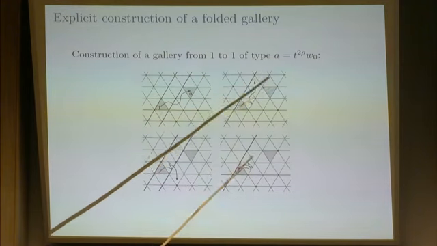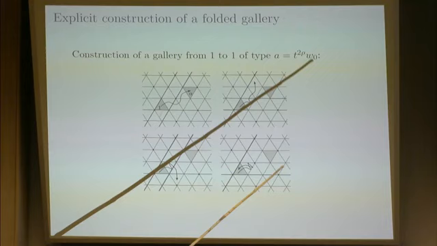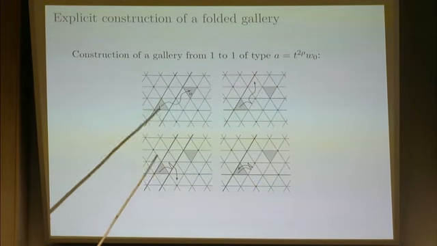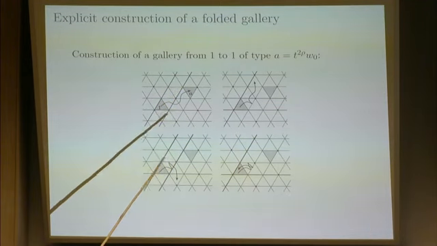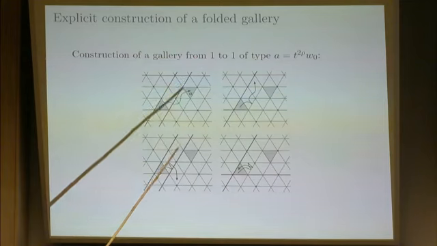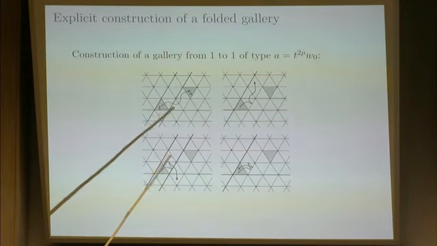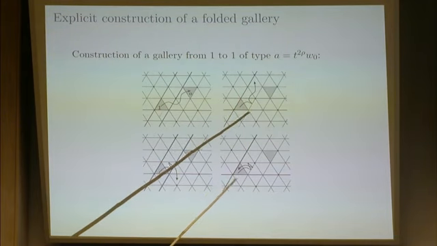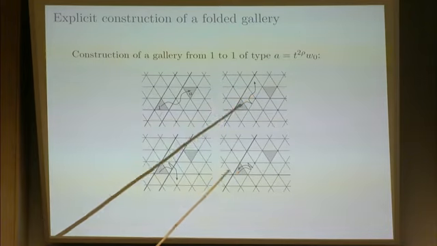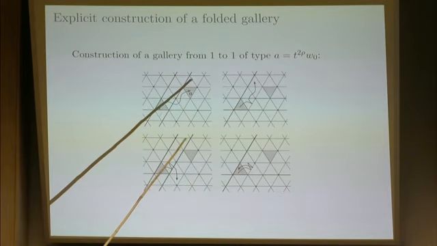And then, depending on a presentation, a fixed presentation of W_0, you can fold this gallery. So we first fold along this blue hyperplane here. What this does is it gets us from this minimal gallery to this folded gallery. So it's now folded at this panel where it crossed this blue hyperplane.